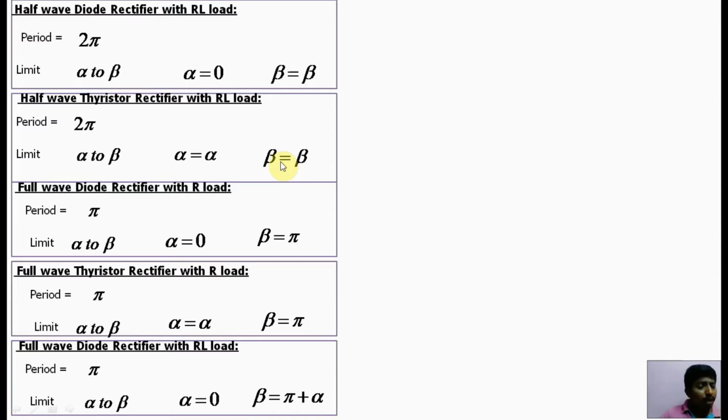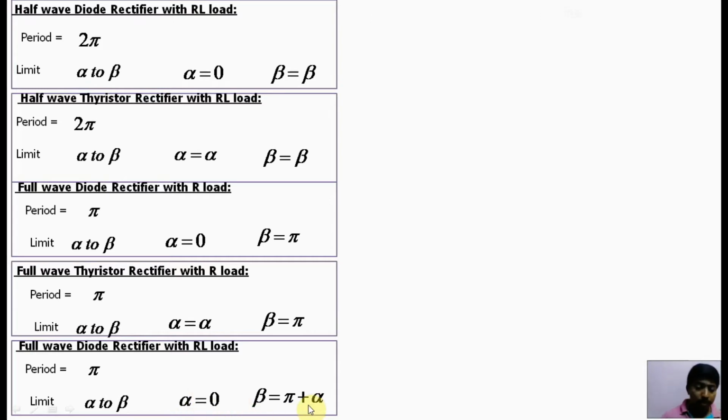Half wave rectifier is a discontinuous conduction, so beta is equal to beta. But here this is a continuous conduction, so beta is equal to pi plus alpha. Remember that: for RL load, discontinuous conduction gives beta equal to beta, and continuous conduction gives beta equal to pi plus alpha.